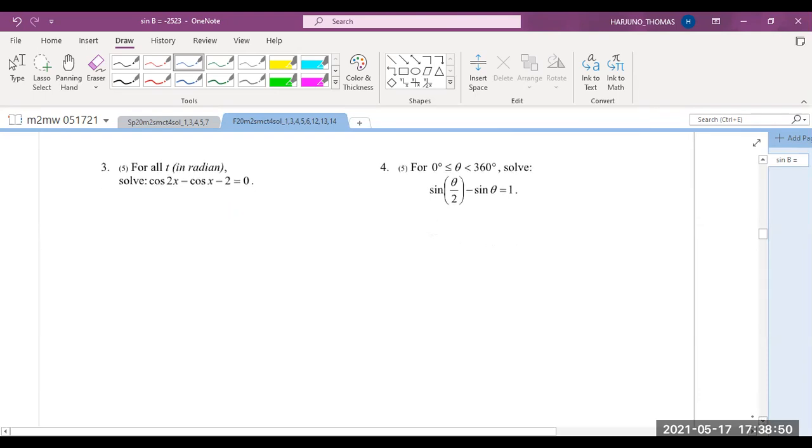Solve for all x in radians: cosine 2x minus cosine x minus 2. There are 3 variations. I believe we will use the second variation, 2 cosine squared x minus 1 minus cosine x minus 2 equals 0.